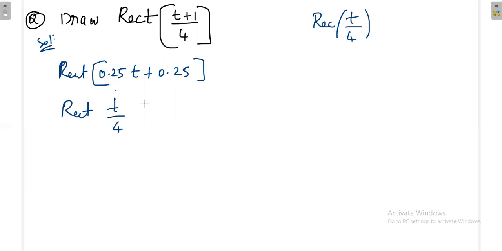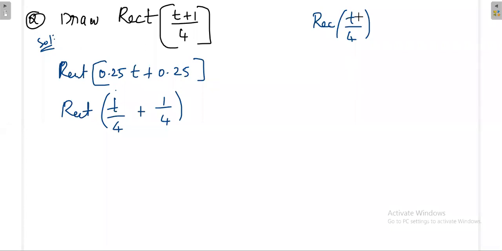If you imagine like that, then this is shifted by 1 by 4 unit, towards left or right accordingly. Now what is happening?